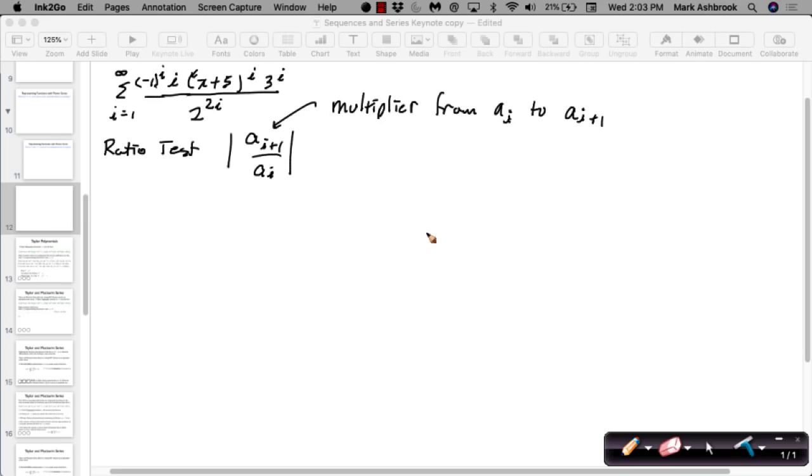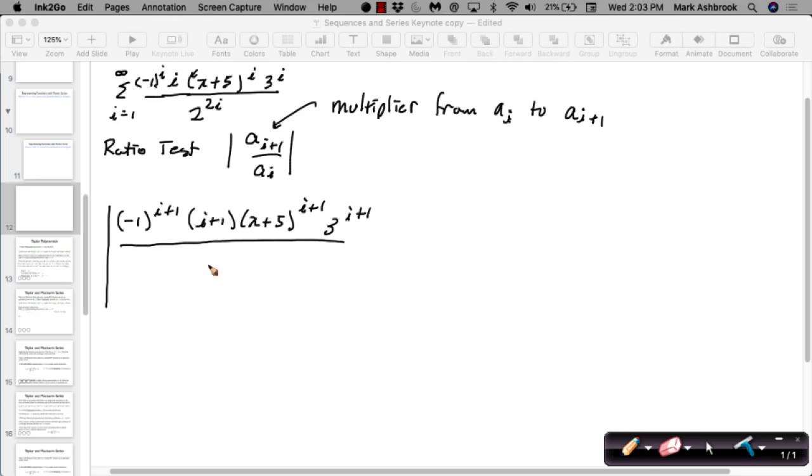Yeah. Okay, so we've done lots of these, and I'm going to have negative 1 to the i plus 1, i plus 1, x plus 5 to the i plus 1, 3 to the i plus 1, over 2 to the 2i plus 1, and then times 2 to the 2i.